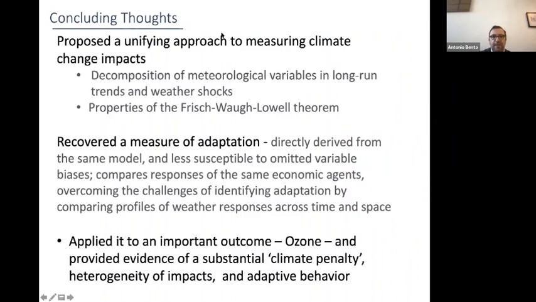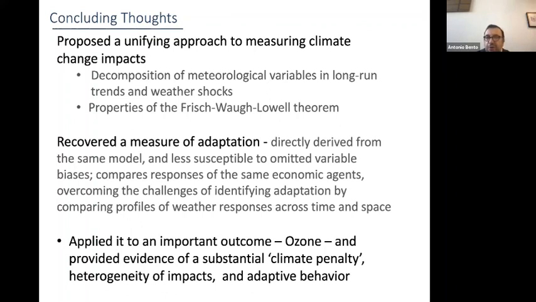So I am ready to conclude. Again, I want to highlight that the idea here was to propose the unified approach to measure climate change and impacts. The proposed approach relied on two major points: the decomposition of meteorological variables and the properties of the Frisch-Waugh theorem.